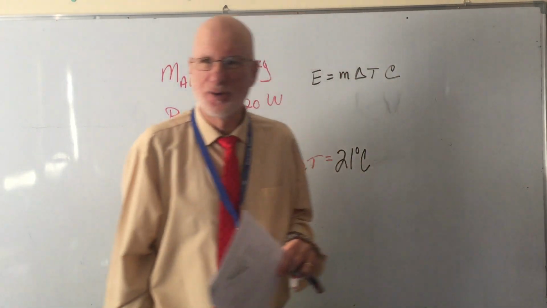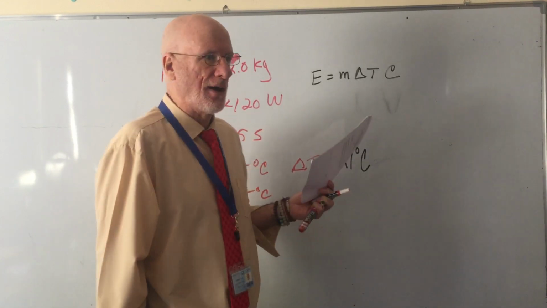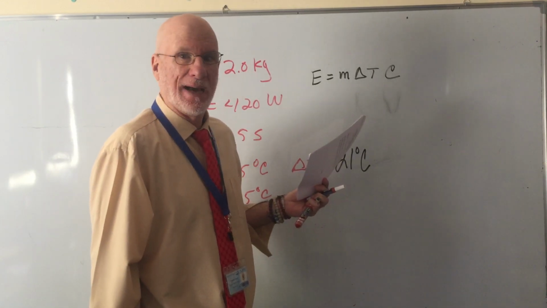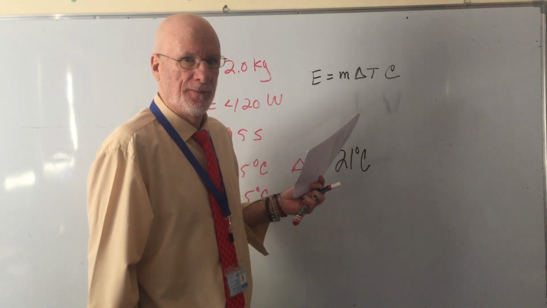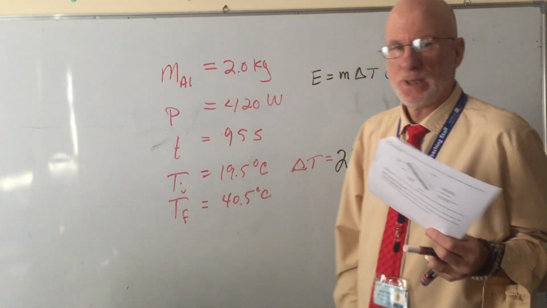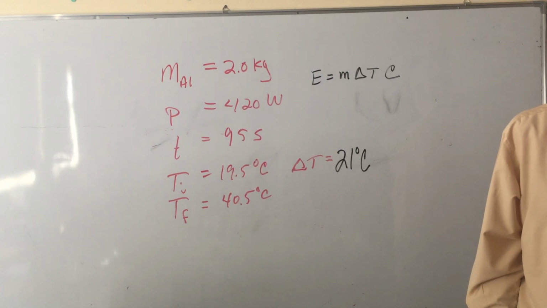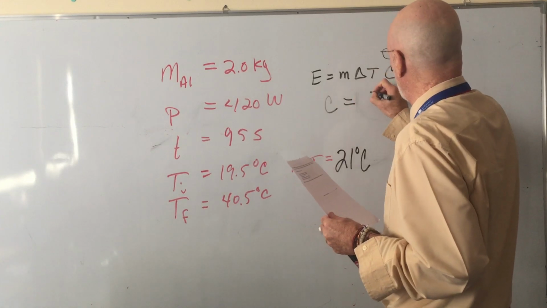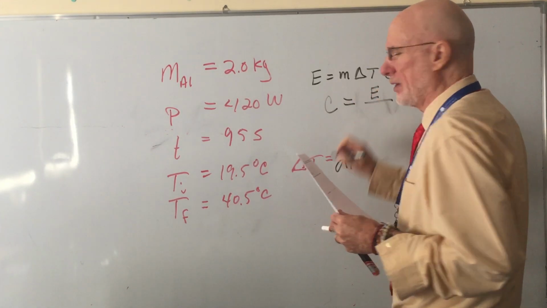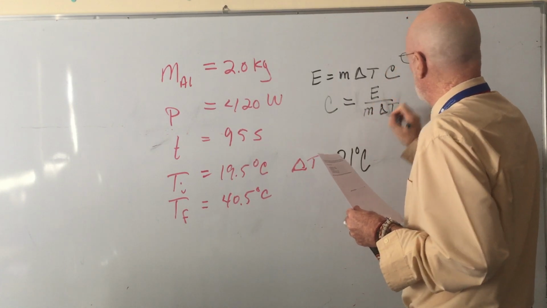Now we're going to rearrange that right away for specific heat capacity. What's the rearranged equation? Absolutely correct. So it'll be c equals E over m delta T.